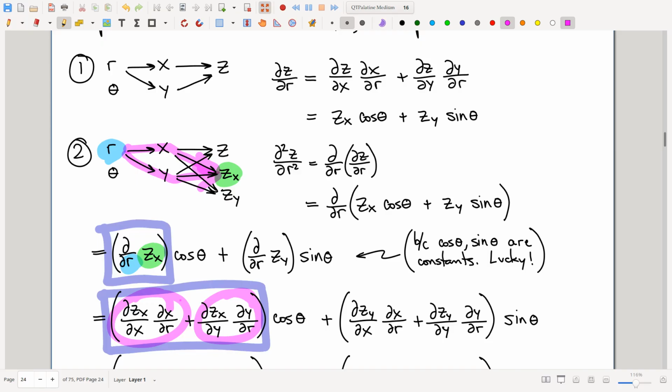It turns into another chain rule situation. The thing that makes this possible is indicating on your diagram that you're recognizing that z_x is a function of x and y, and then it just leaps off the page at you. We have two intermediate variables, and boom, boom, boom, nothing to it.